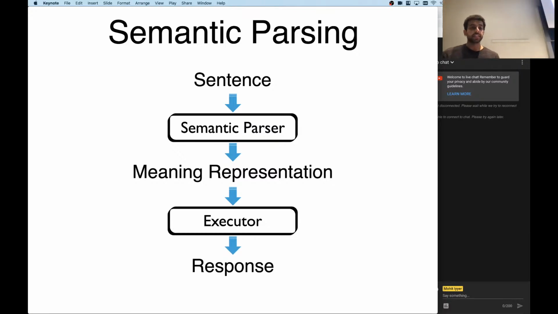So in semantic parsing, our goal is to actually go from natural language input to some sort of response. So this could be like telling a robot to navigate itself to the kitchen. So we want to tell the robot, go to the kitchen, and our ideal outcome is the robot listens to us and then goes to the kitchen properly.